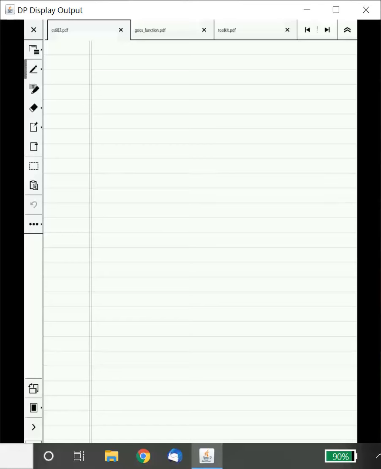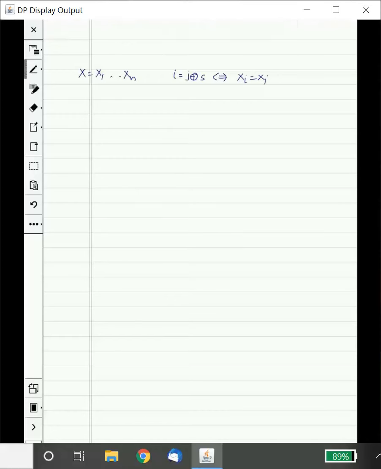Then let's look at the algorithm. Our promise was that if i was j plus s, if and only then x_i is equal to x_j. The algorithm is not going to be very different from whatever you have seen before.